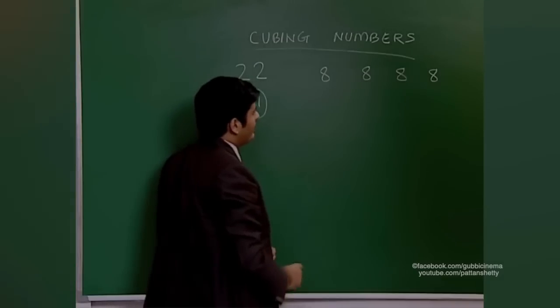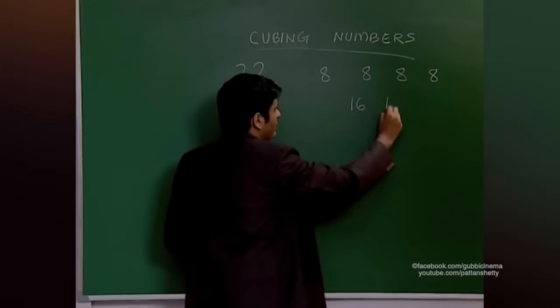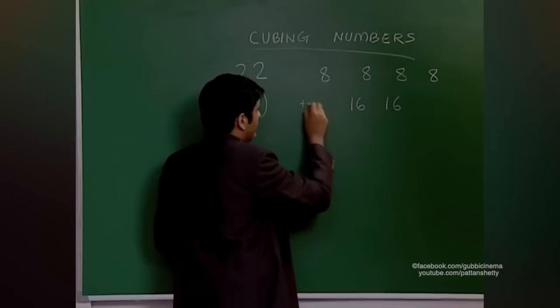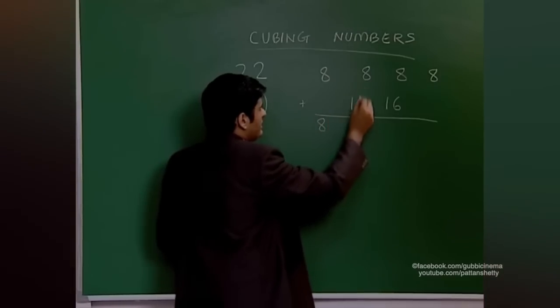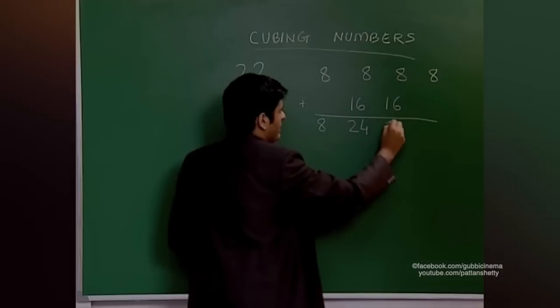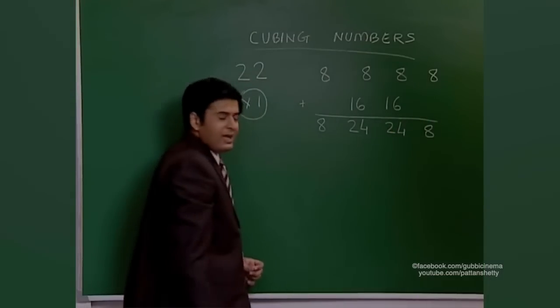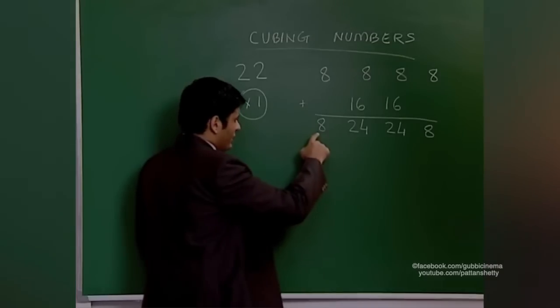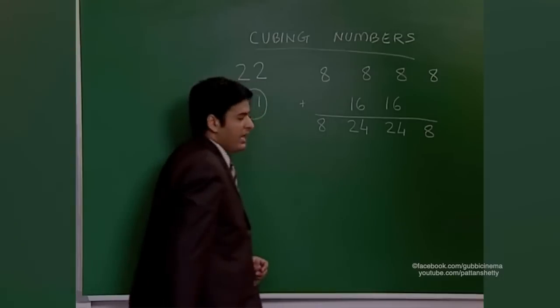Now I have to double the middle digits. Double of 8 is 16. Double of this 8 is 16. Let us add all of it. 8 comes down as 8. 16 and 8 is 24. 16 and 8 is 24. 8 comes down as 8. Next, as I said, I put 3 zeros behind this, 2 behind this, 1 behind this, and none behind this.